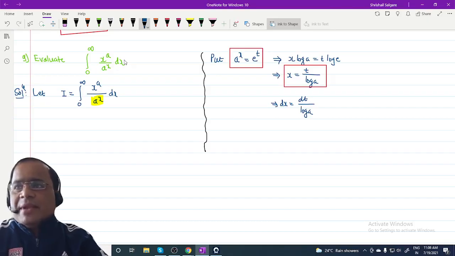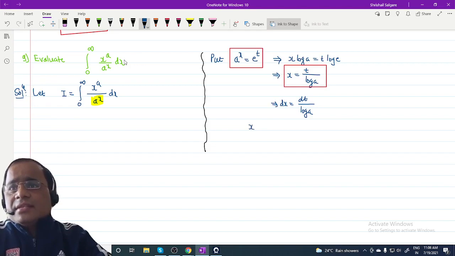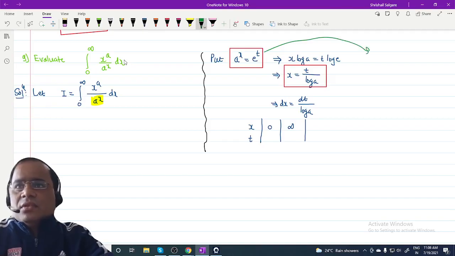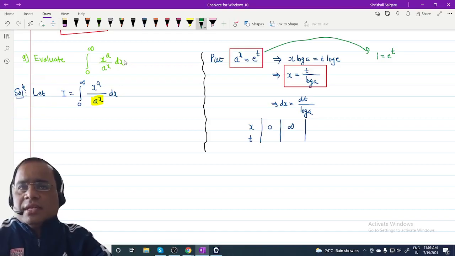Now the limits are given as 0 to infinity for x. So what about t? Can you guess? If x is equal to 0, then what is t? You can solve this equation. If x is equal to 0, then anything raised to 0 is 1, so 1 is e to the power t. Right?